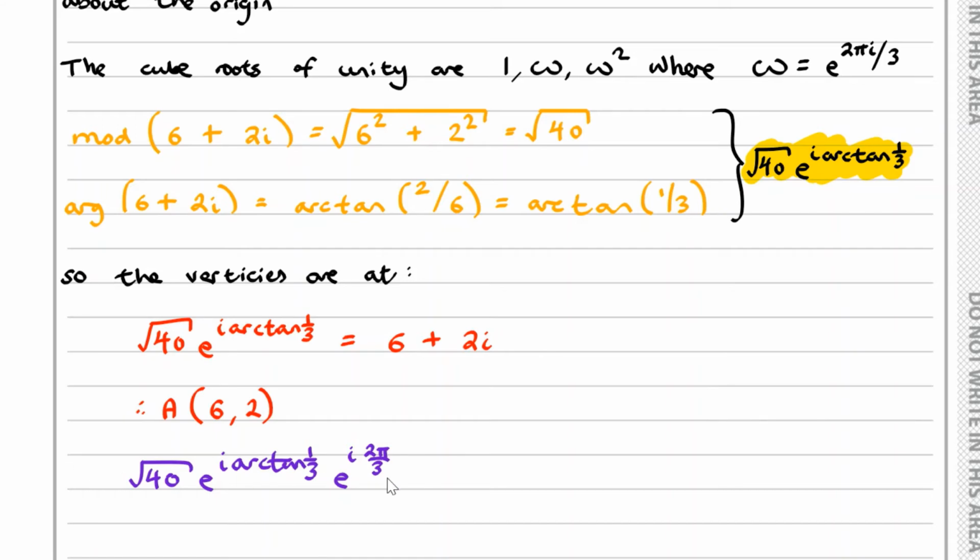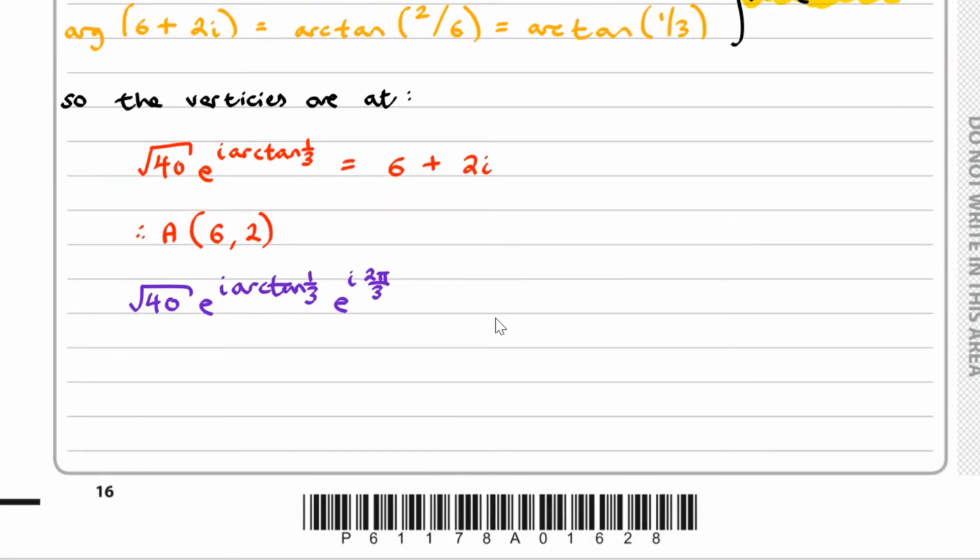This is the same as root 40 e to the i of the arctangent of 1/3 plus 2 pi over 3. Now 2 pi over 3, that's 120 degrees.